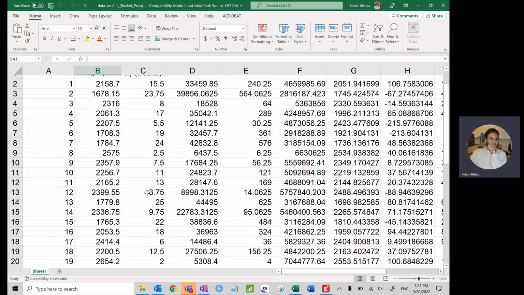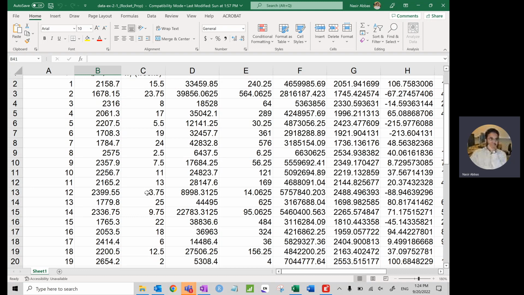Now, one question. In your population, how many propellants are there? Infinite. How many of them have age 15? Infinite. There are infinitely many propellants which have the age 15. Do they have exactly the same strength? They have different strength, right?